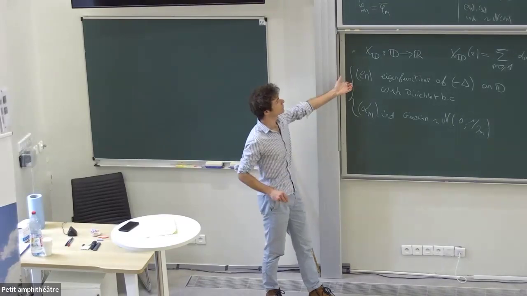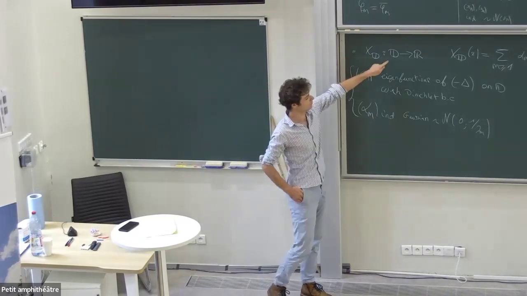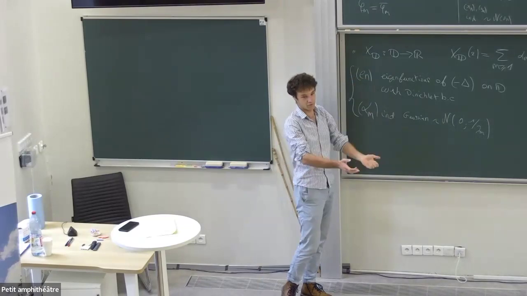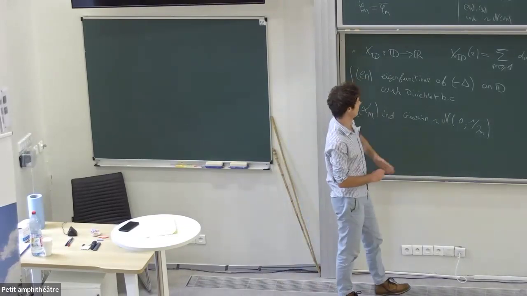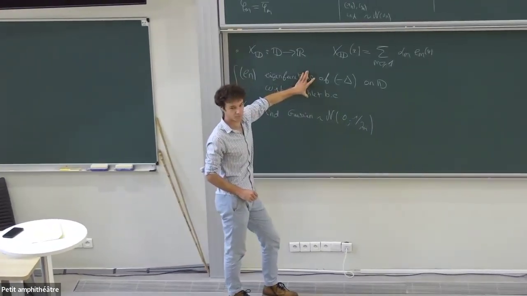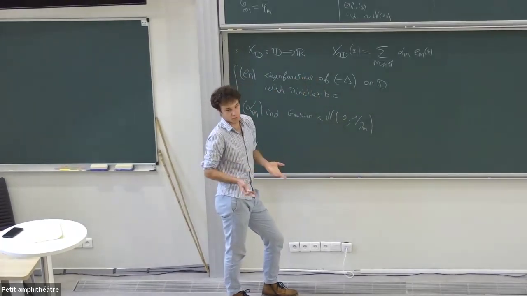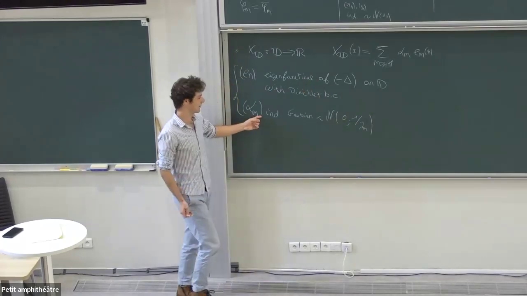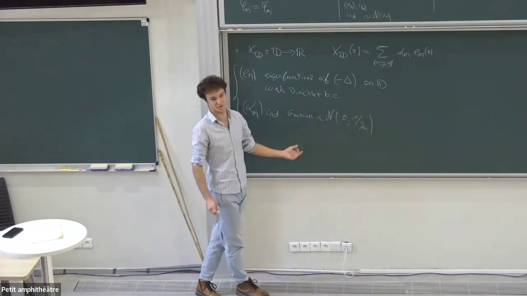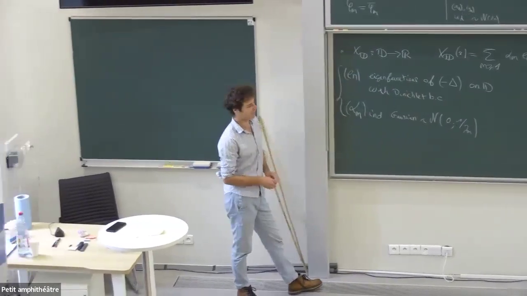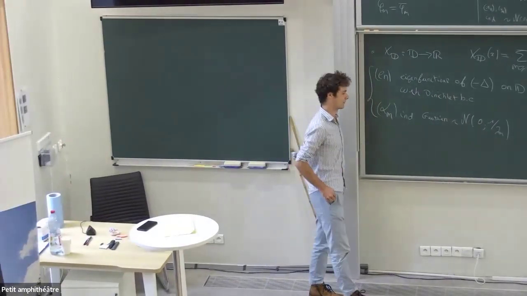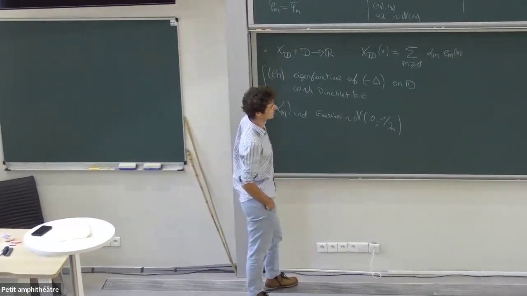So if you want to define a random function inside the disk, you first expand it in terms of eigenfunctions of the Laplacian with the boundary conditions, just that the modes are chosen to be random. And the randomness is chosen in a very specific way. So actually, when you do this, you have a lot of very nice properties such as conformal invariance.